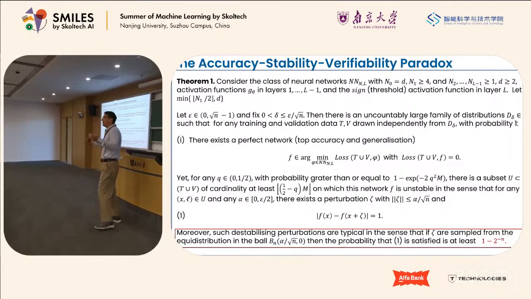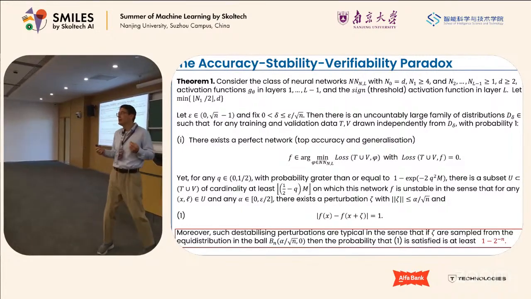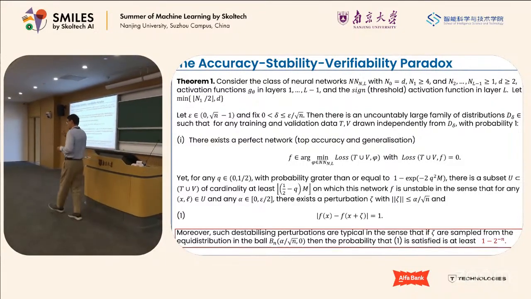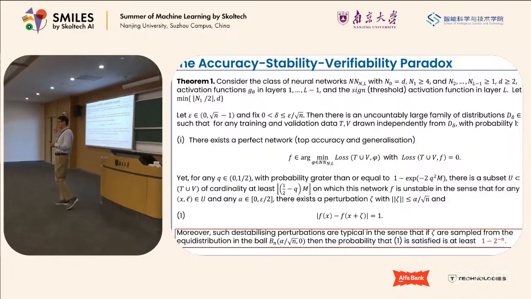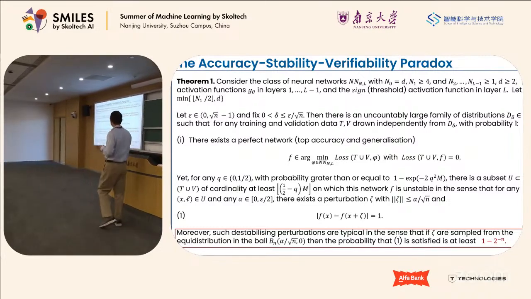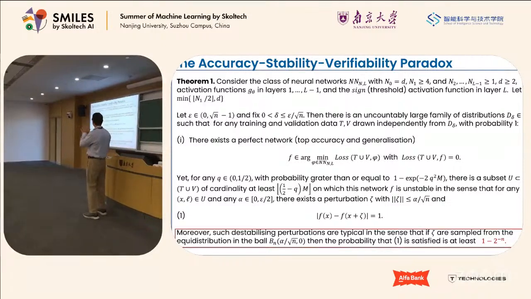And if you think, well, but existence doesn't mean much, what I'm trying to say next is that you can pick this swapping point at random. And this is what the next result says. So yes, there is a perfect solution, but this solution becomes unstable on a reasonably large set of data points because the classifier actually changes its output.